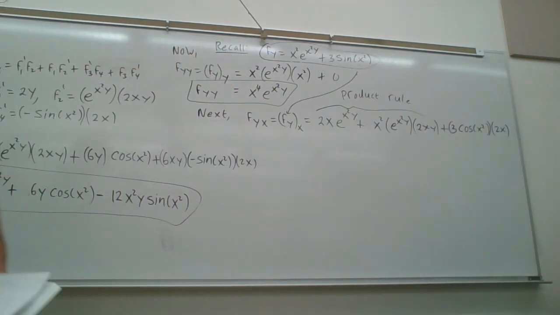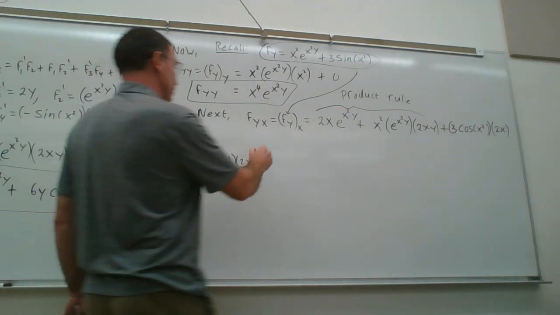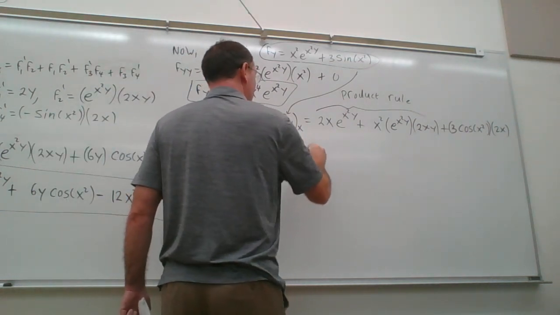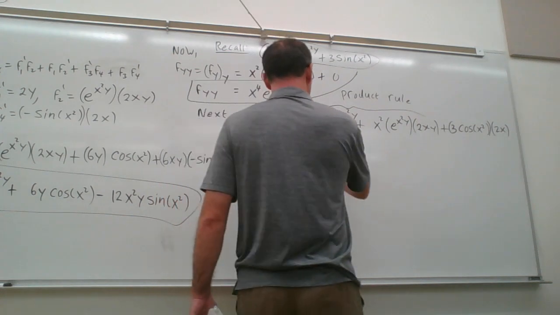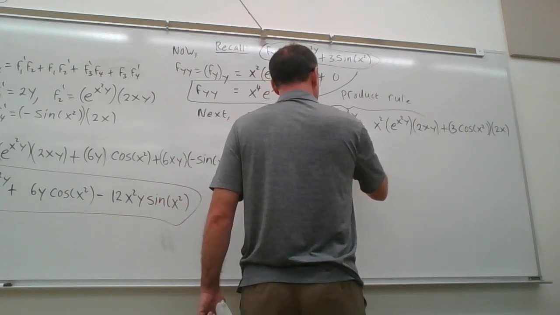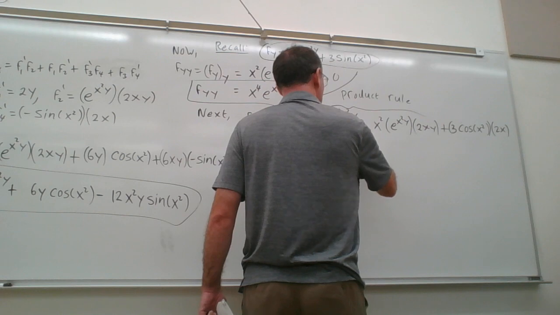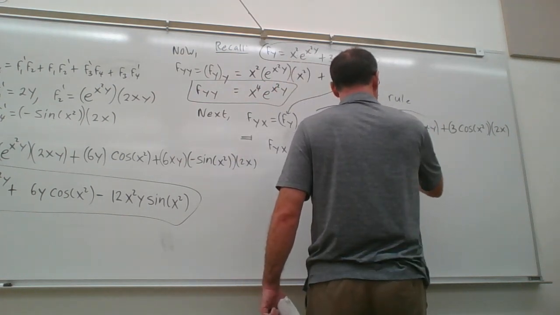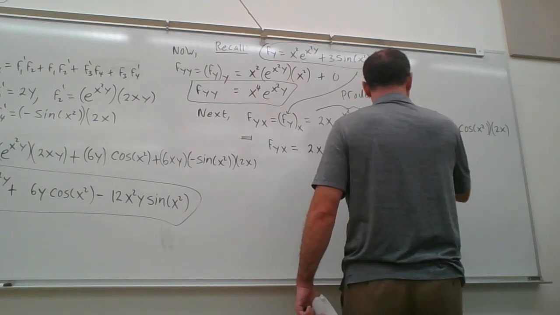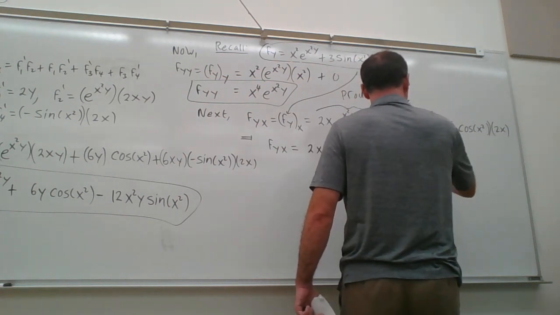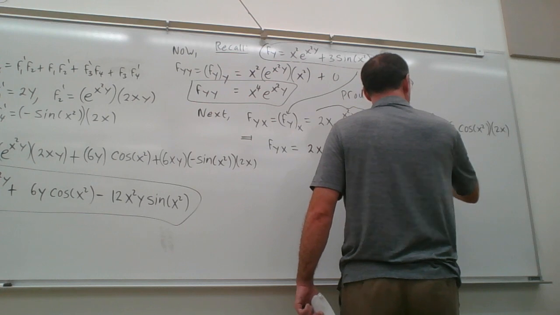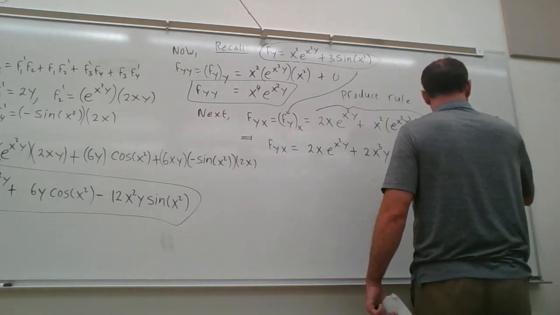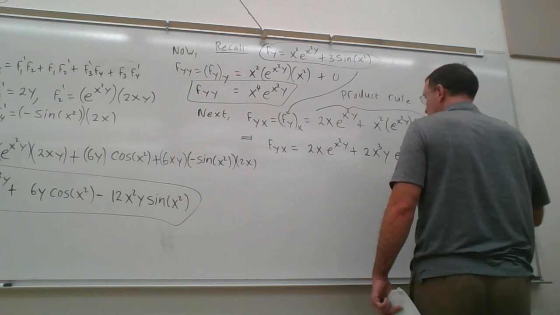Okay, so let's clean this up a bit. So my f y x then would be 2x e to the x squared y plus, multiplying these, the 2x cubed y e to the x squared y plus, multiplying these will be 6x cosine of x squared.